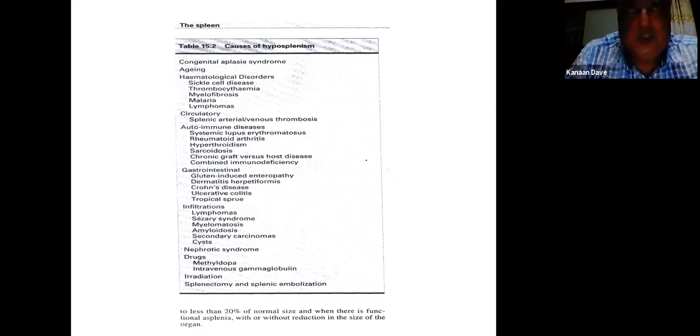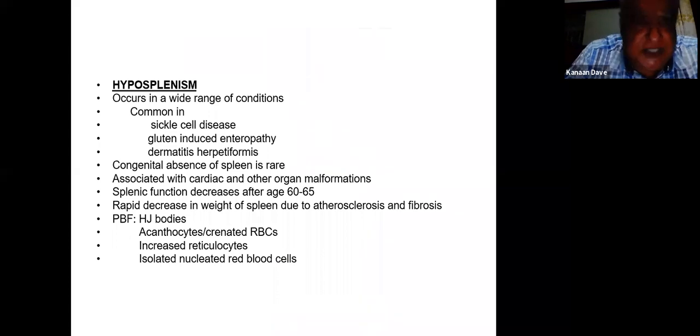And then the spleen has to be removed. Or following a road traffic accident, when there is injury or rupture, the spleen has to get removed. And this may also present with hyposplenism. As I mentioned, these are some of the common conditions where you get hyposplenism. Congenital absence of the spleen is rare.